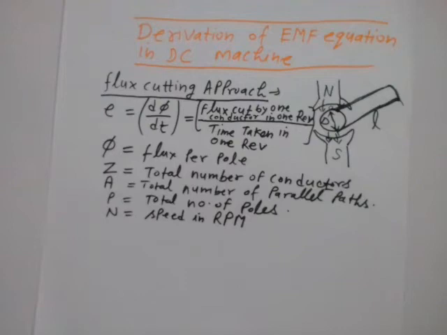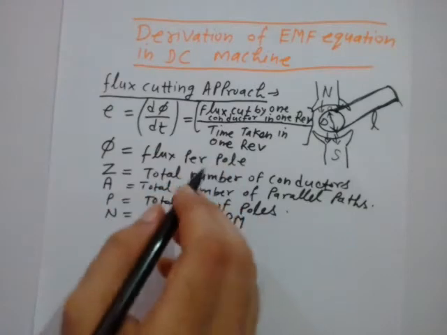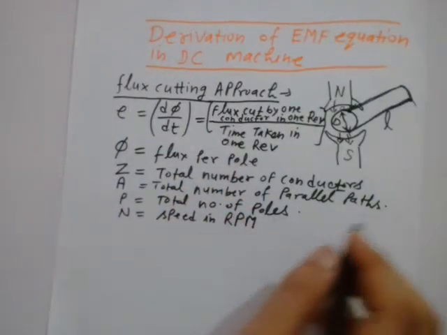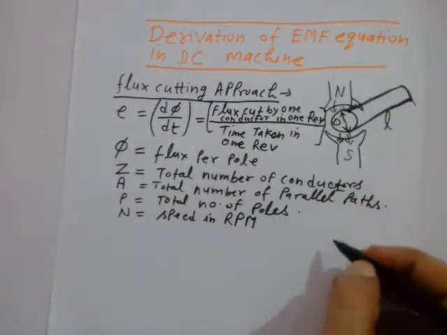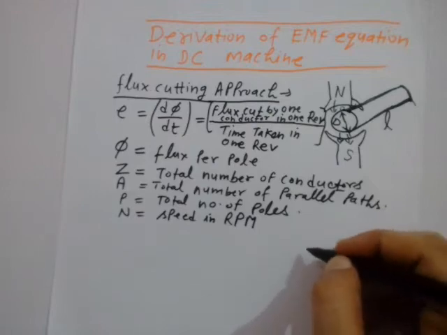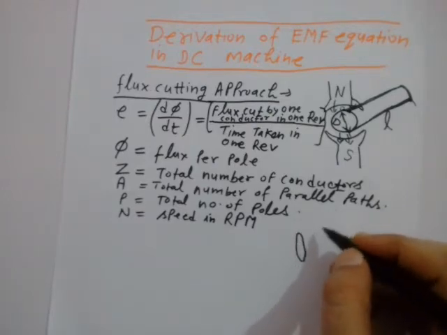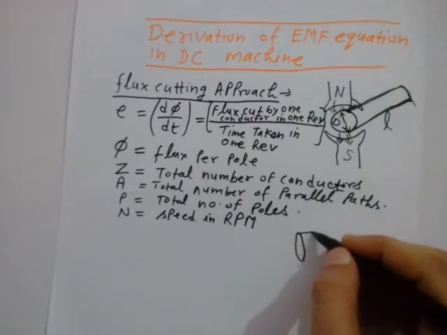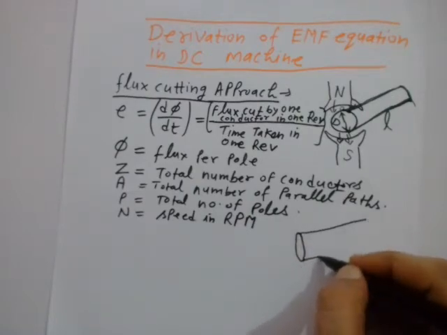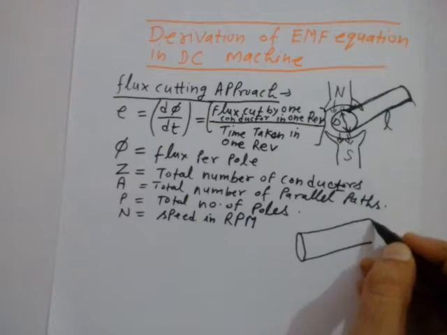Now you might be thinking, what are the parallel paths, right? So here let me describe the parallel paths. I told you the structure of this armature, or you can say rotor. It is cylindrical, like this.